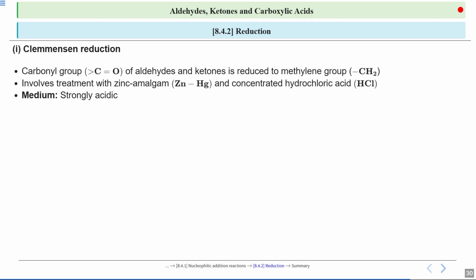This acidic condition helps in breaking the carbon-oxygen double bond and replacing it with hydrogen atoms. If you look at this reaction, this is a carbonyl group. When you treat it with zinc amalgam in the presence of hydrochloric acid, this carbonyl group gets reduced to a methylene group, CH2, and water is released.